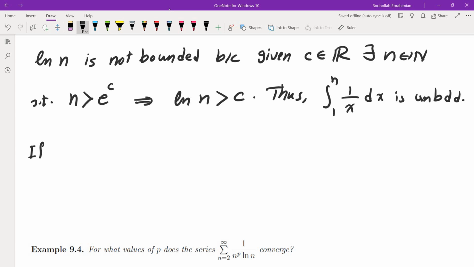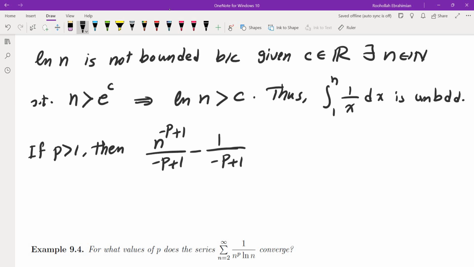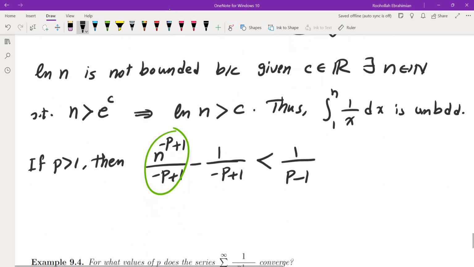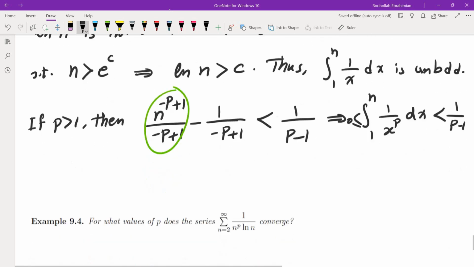So n to the power negative p plus 1 over negative p plus 1, minus 1 over negative p plus 1, is going to be less than this quantity, which is negative, so I can drop it. So this would be 1 over p minus 1. And this means the integral from 1 to n of 1 over x to the p dx, which is definitely positive, is less than 1 over p minus 1.